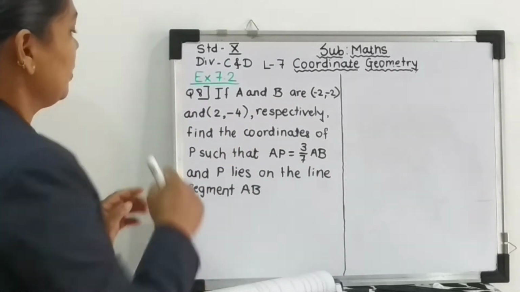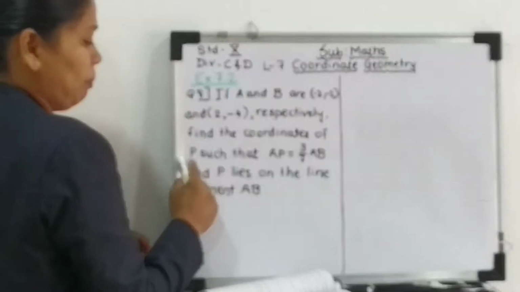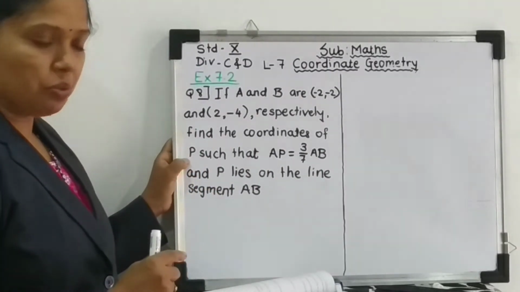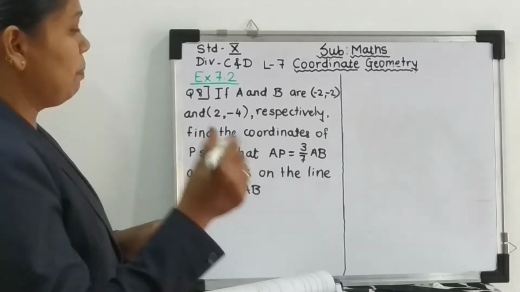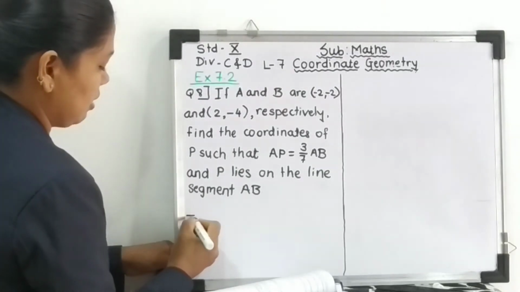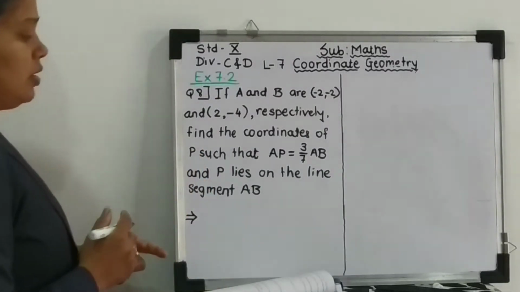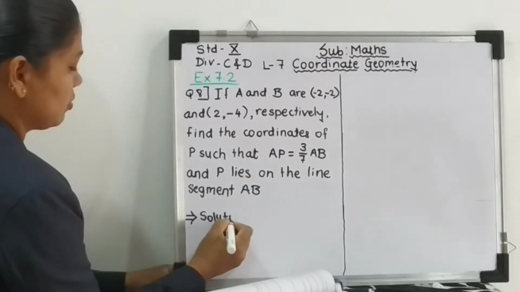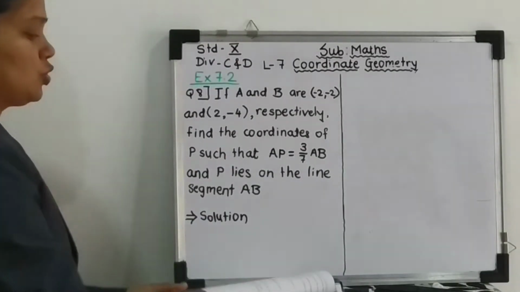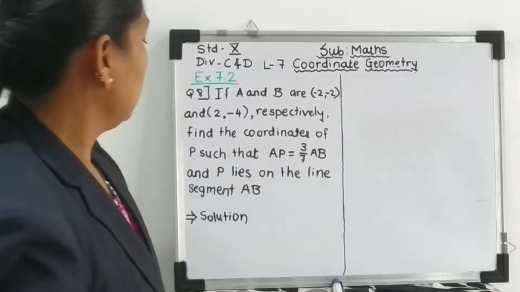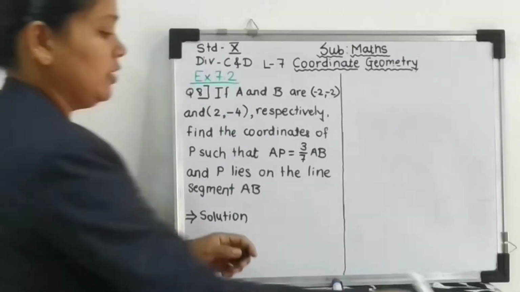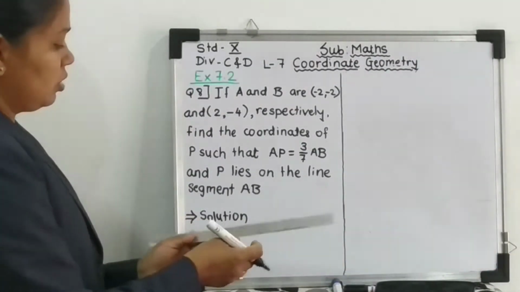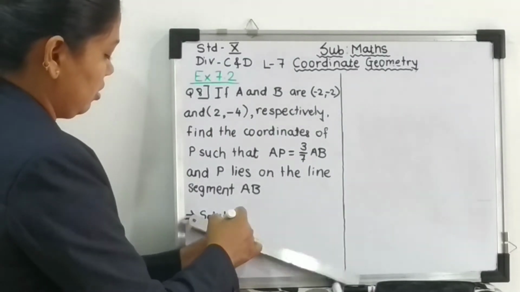Understood this? Find the coordinates of P such that AP is equal to 3/7 AB. So let us have a solution. Before that, we will first draw our line segment.